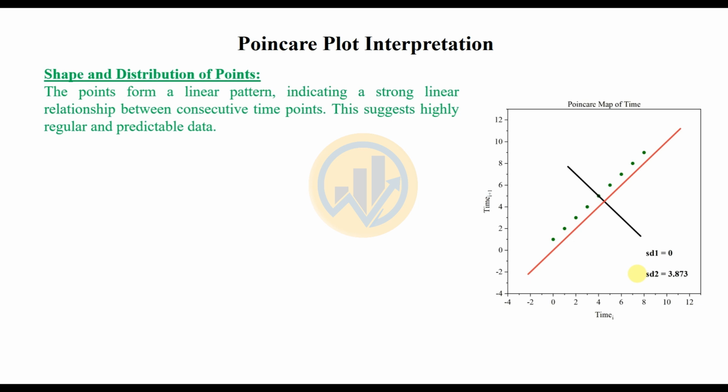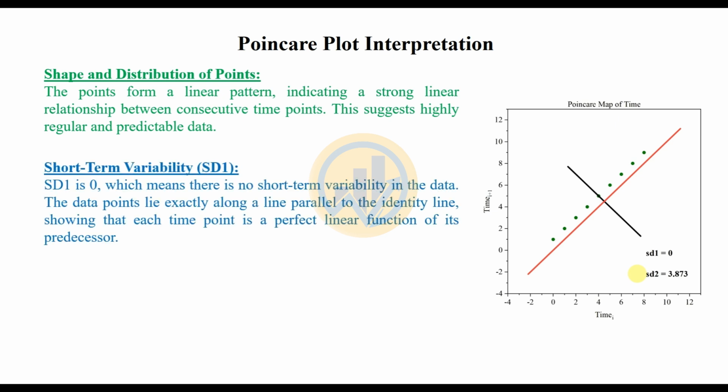The points form a linear pattern, indicating a strong linear relationship between consecutive time points. This suggests highly regular or predictable data. Next, the short time variability in standard deviation 1. The standard deviation 1 is 0, which means there is no short time variability in the data.